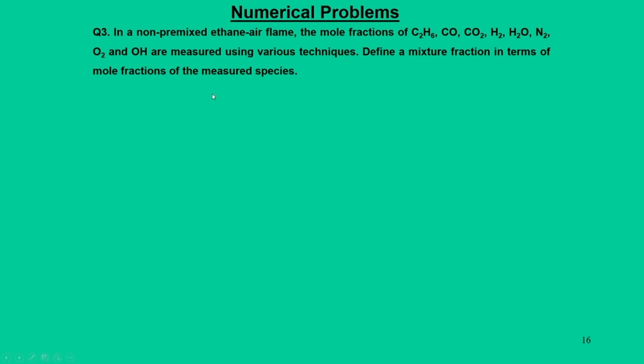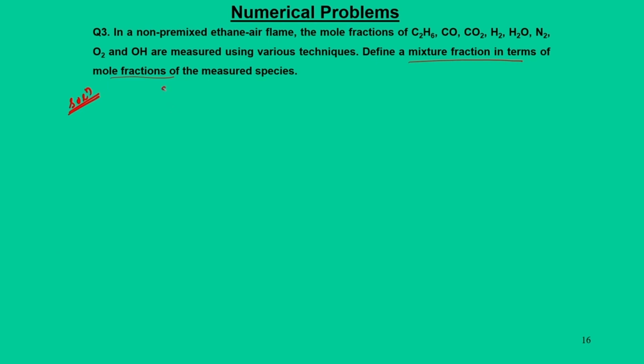See, the last problem is we are talking about the conserved scalar, which is nothing but your definition of the mixture fraction, and it is expressed in terms of mole fractions. To solve this problem, the first thing you need to understand is what the species are.